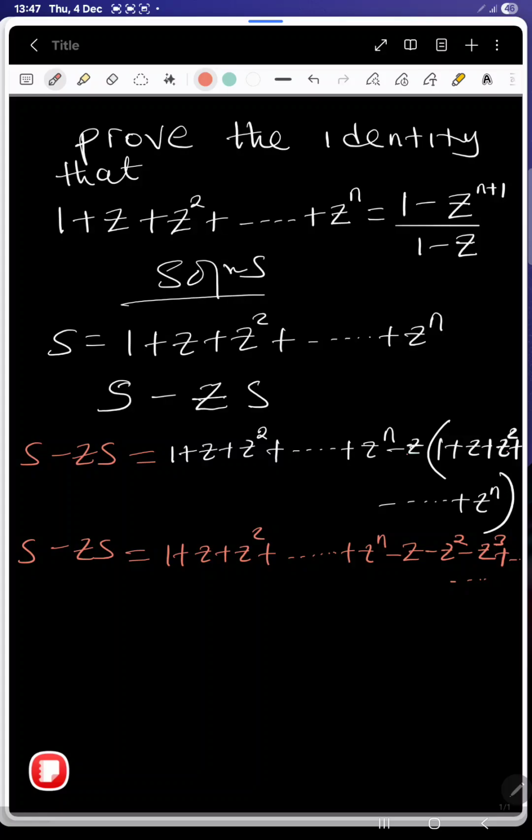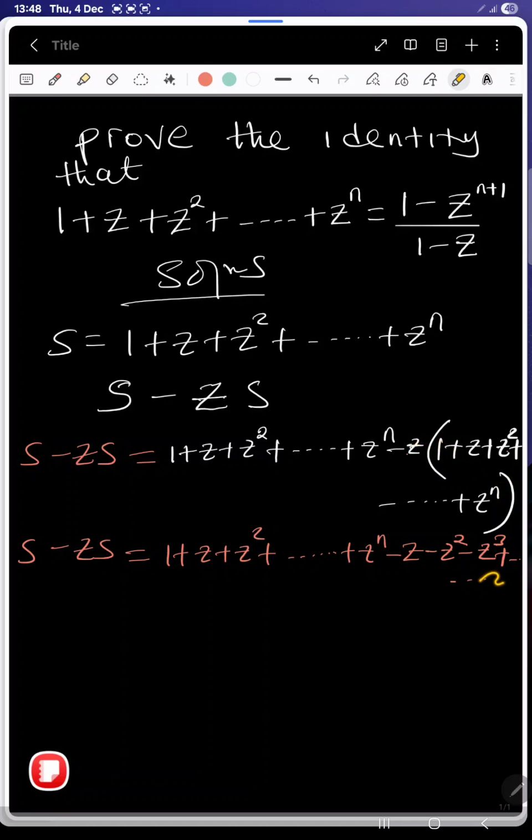Remember when we are multiplying variables of the same base, you just need to add the powers. So in this case, we are multiplying z times z to the power n, meaning that the power of z here is 1, the power of z there is n. So we are going to have z to the power n plus 1.